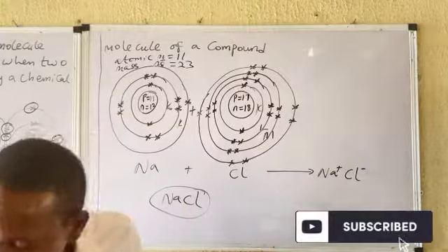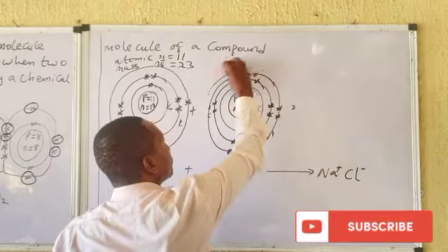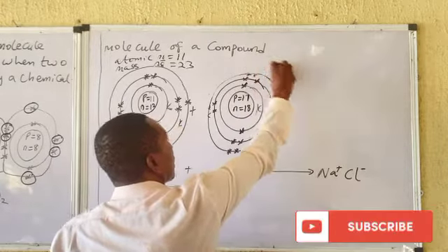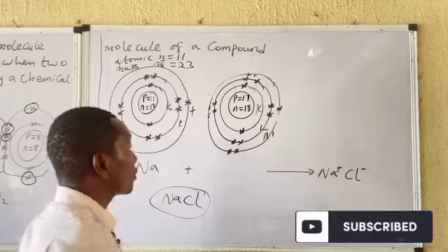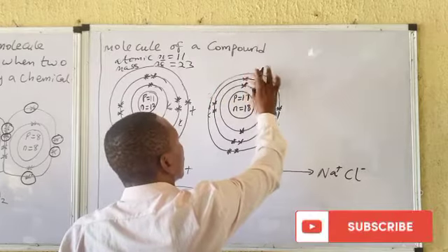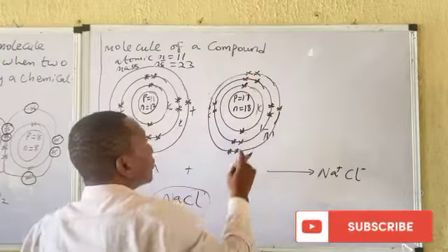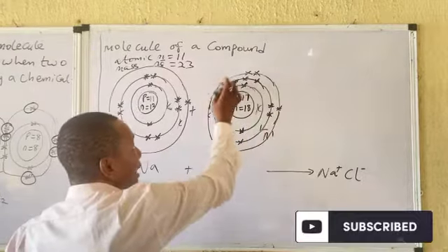Let's quickly correct it. So this is okay now. So we have 17 electrons, and this third shell is carrying 7.